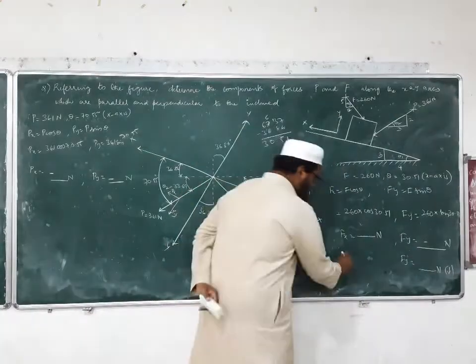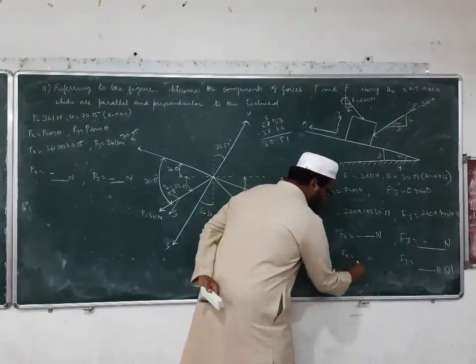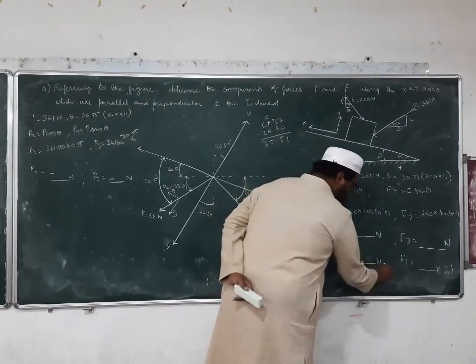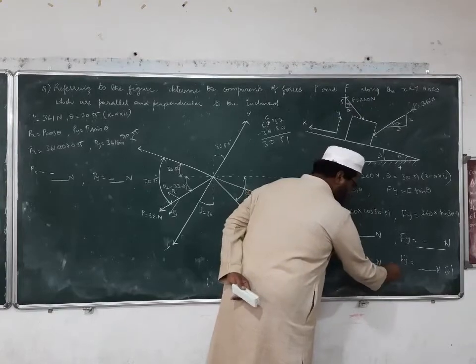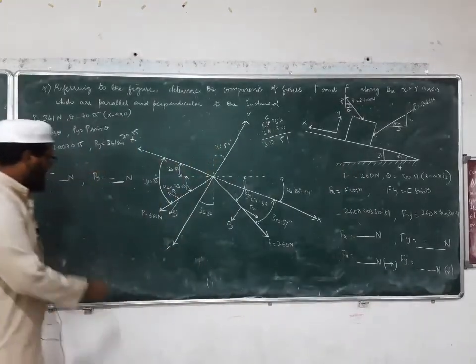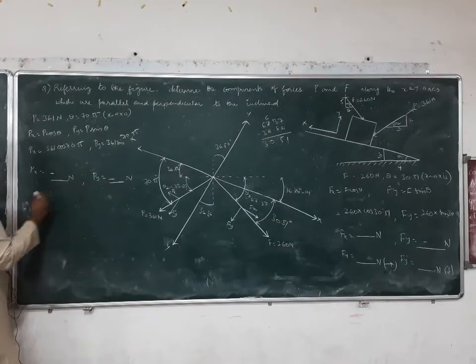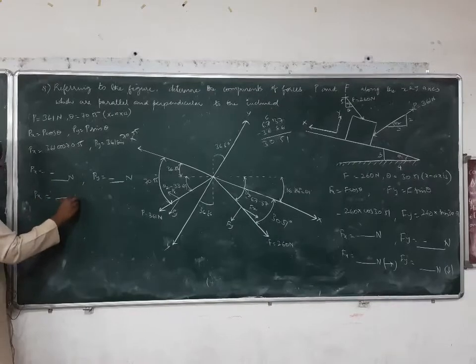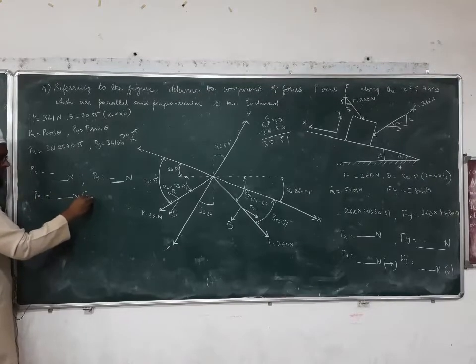Similarly Fx, we got this value as positive, and since it is x, the direction is positive. Here also, since both the values are negative, instead of writing minus, Px is equal to some value in negative direction.